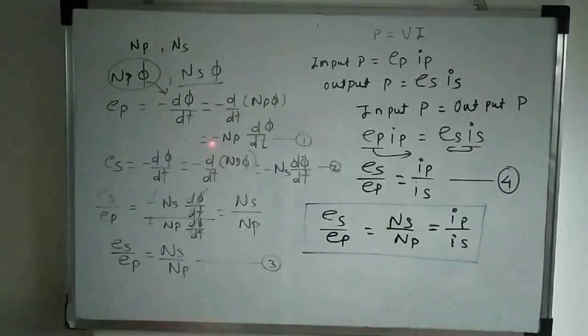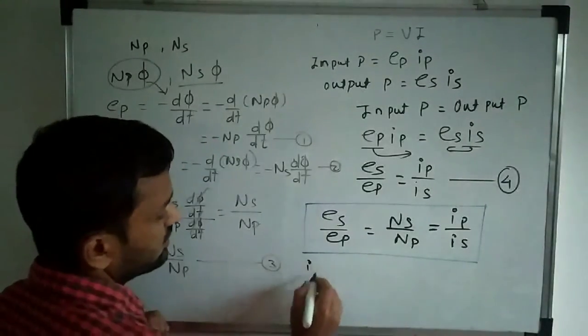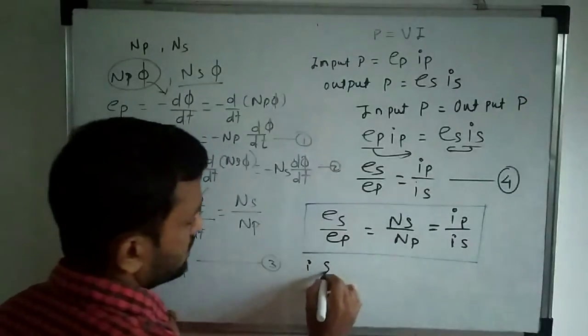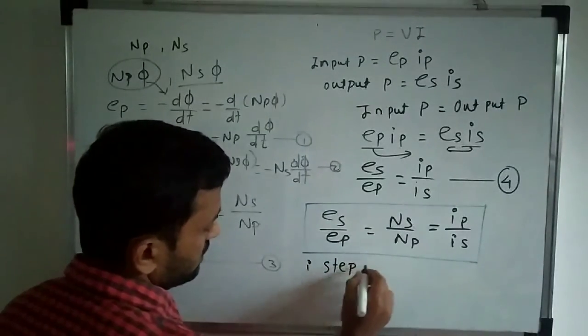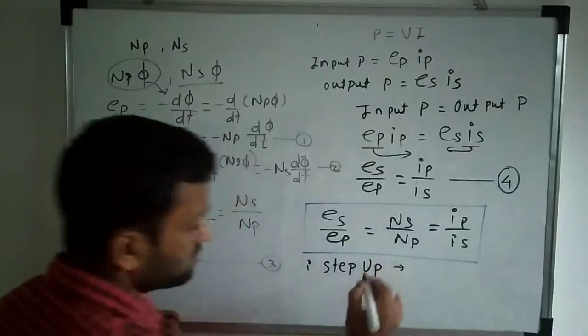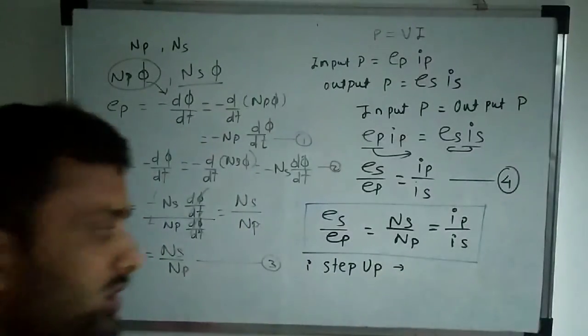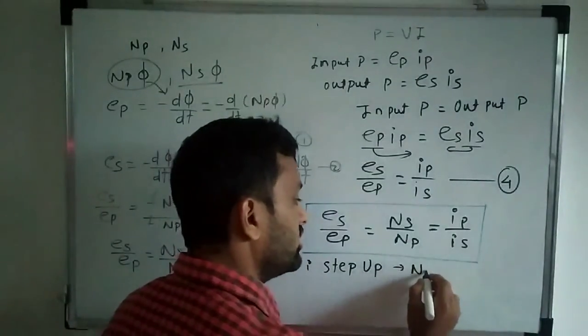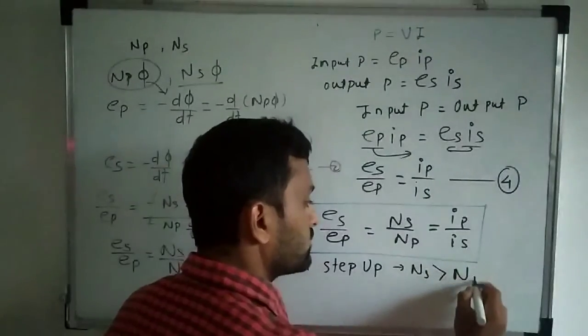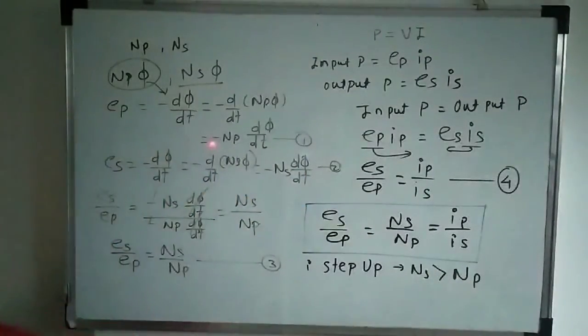So the first type is the step up transformer. What is a step up transformer? If the number of turns of the secondary is greater than the number of turns of the primary, what will happen?